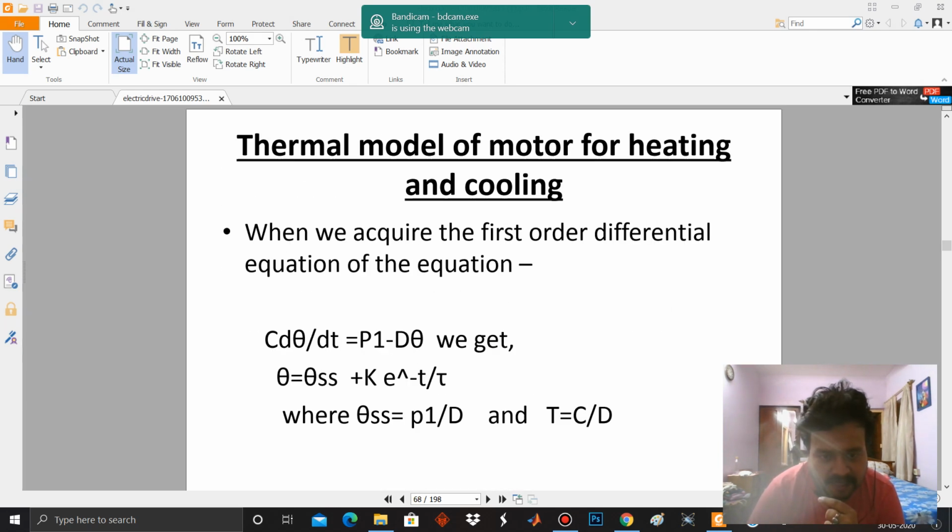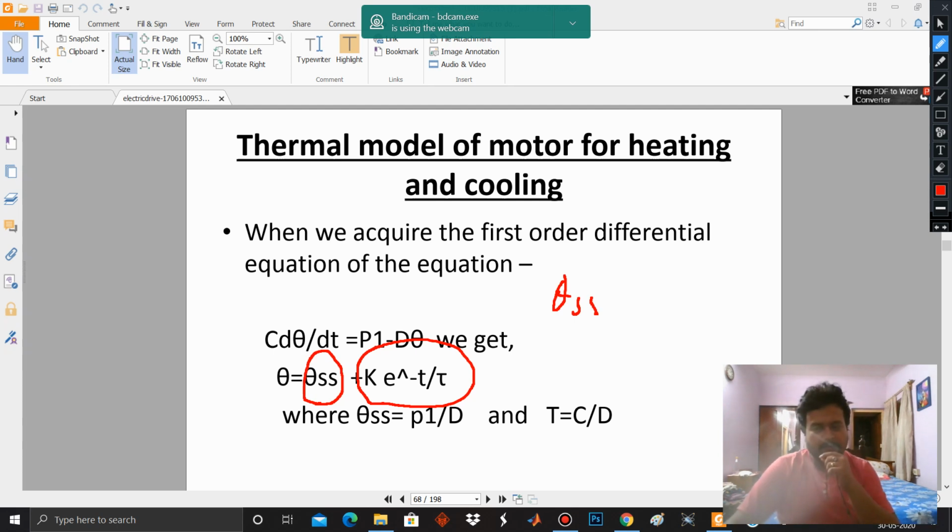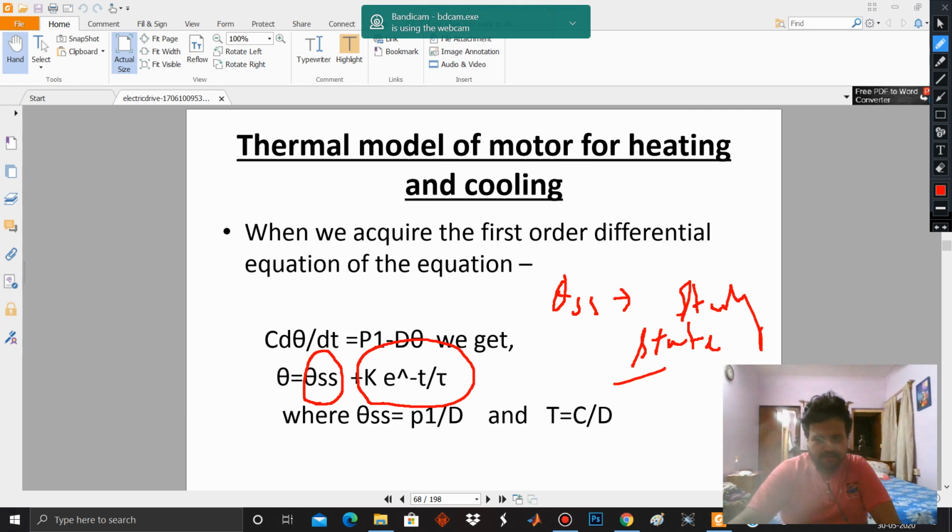So if we analyze this, we get two parts. One is theta ss and the other part is k e to the power minus t by tau. What is theta ss? Theta ss is the steady state temperature. That means it is the steady state temperature after all these exchanges.